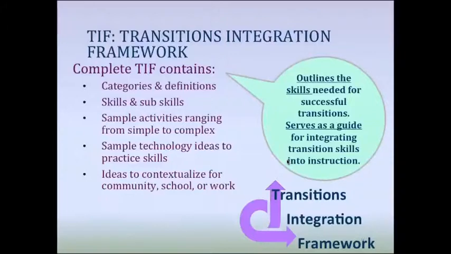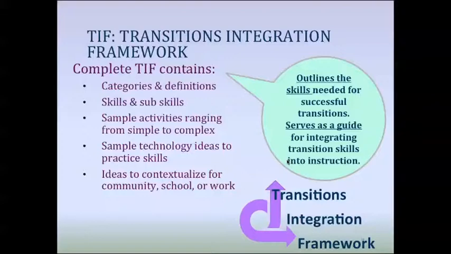Okay, so the TIF, the big TIF. Let's look at the bigger picture again here. The complete TIF contains 8 categories and definitions, skills and subskills, and we were just in the last slides looking at skills and subskills, so it contains those.